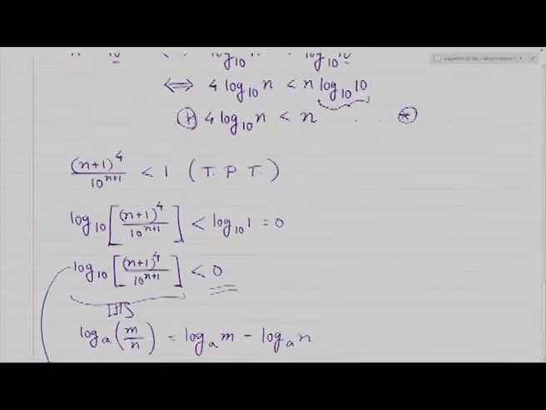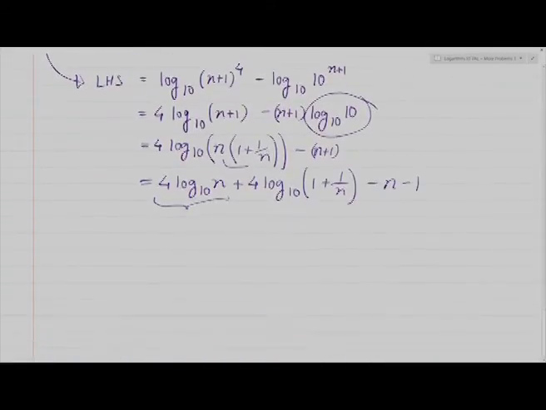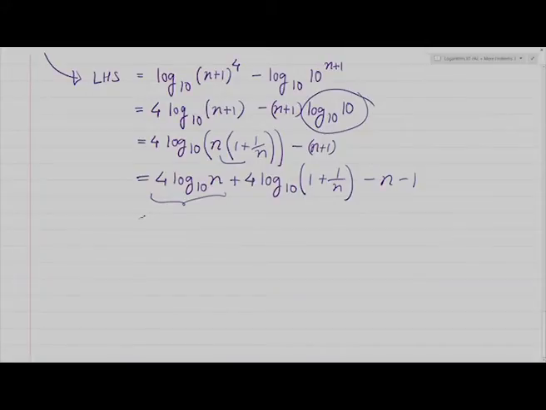So this is less than n. So I can use the star, and I can write here from star, I got this term to be less than n plus 4 times log to the base 10 of 1 plus 1 by n minus n minus 1. Okay. So this simplifies our calculation.